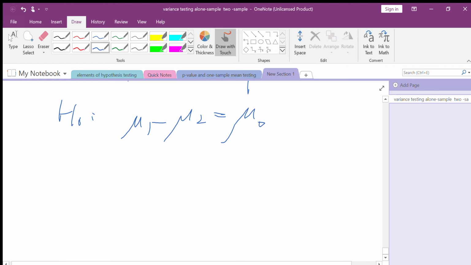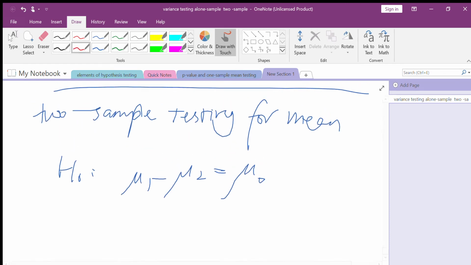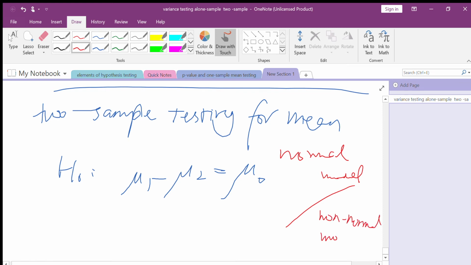So remember, let me recall the model assumption. Normal model or non-normal model, and n1 and n2 large, both large.